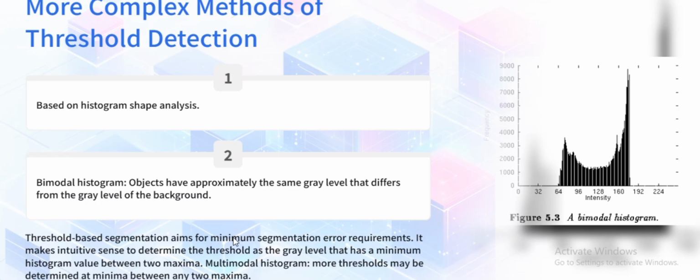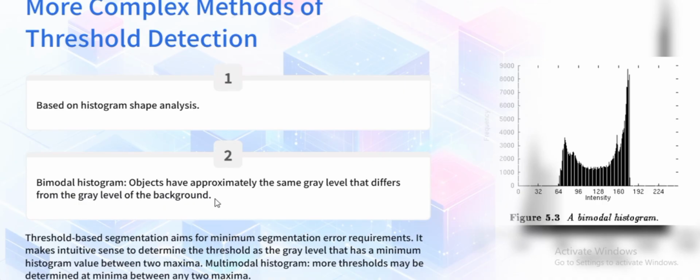One of these is the bimodal histogram. Objects have approximately the same gray level that differs from the gray level of the background. We fix some values, which we can call quantization values or sample size values, and these values will have the same gray levels that differ from the gray level of the background. So, first we discuss the bimodal histogram.